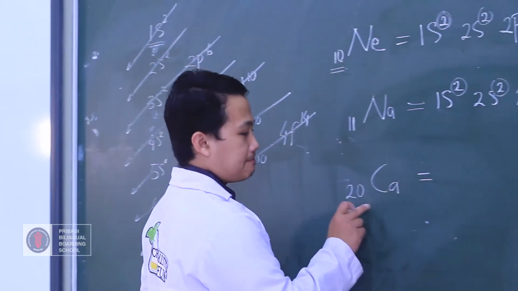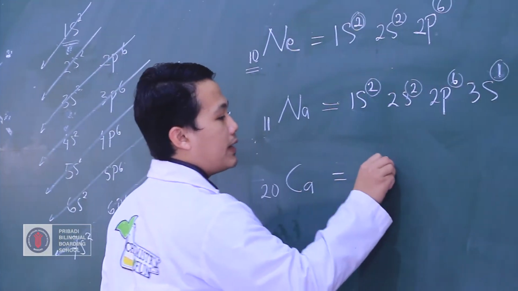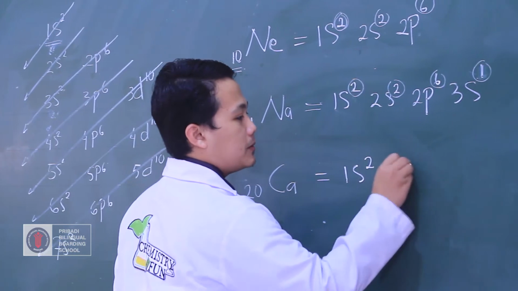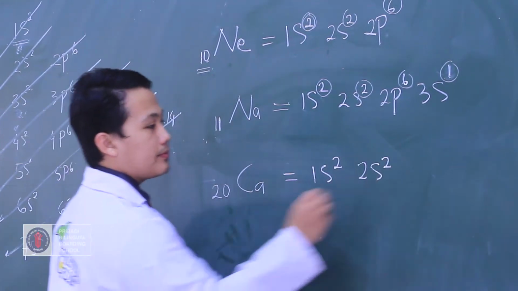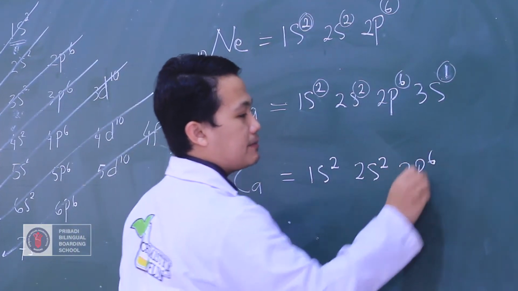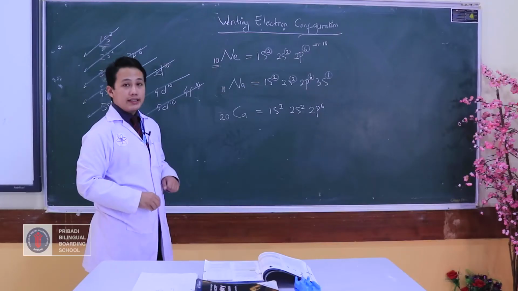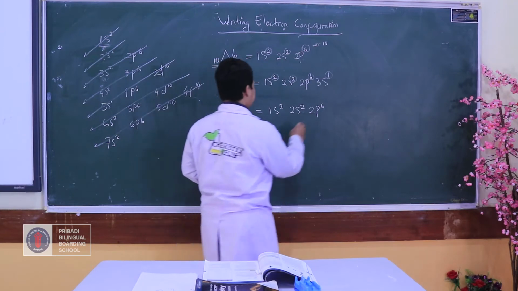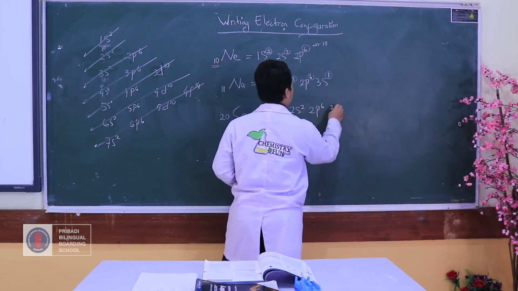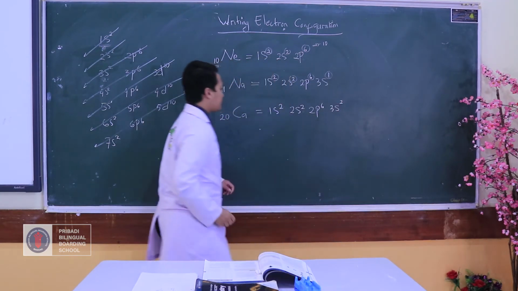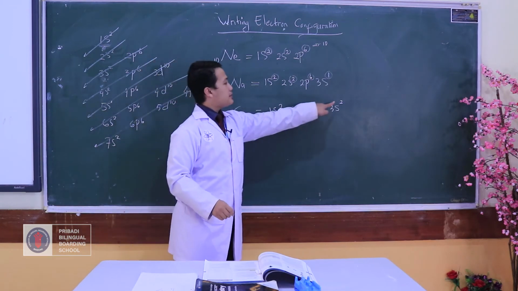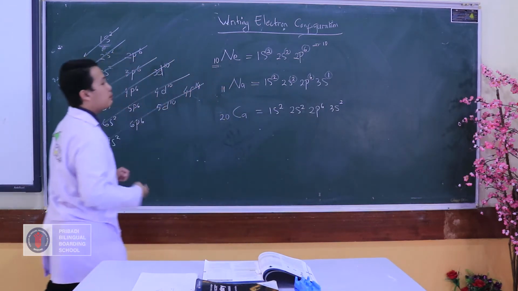So here, continue 1s2, 2s2, 2p6. So 6 plus 2 plus 2, we have 10, but we need 20, isn't it? And then after 2p6, we have 3s2. 2 plus 2 plus 6 plus 2, 12. Okay, so we need more.